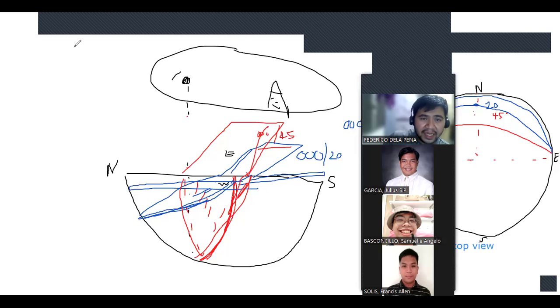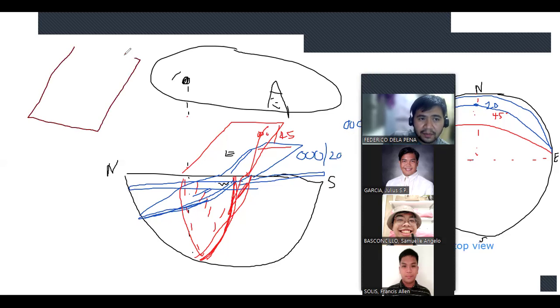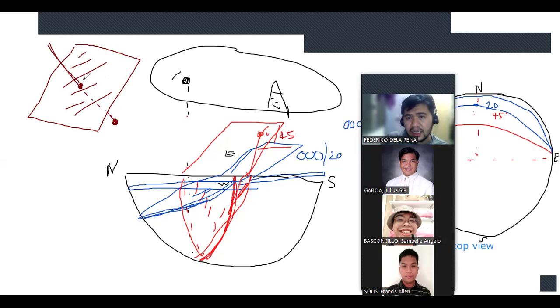If this is the plane of your discontinuity, the pole would be a line that is piercing this plane perpendicularly. And wherever this pole intersects the stereographic net, that would be the plot point of your pole.